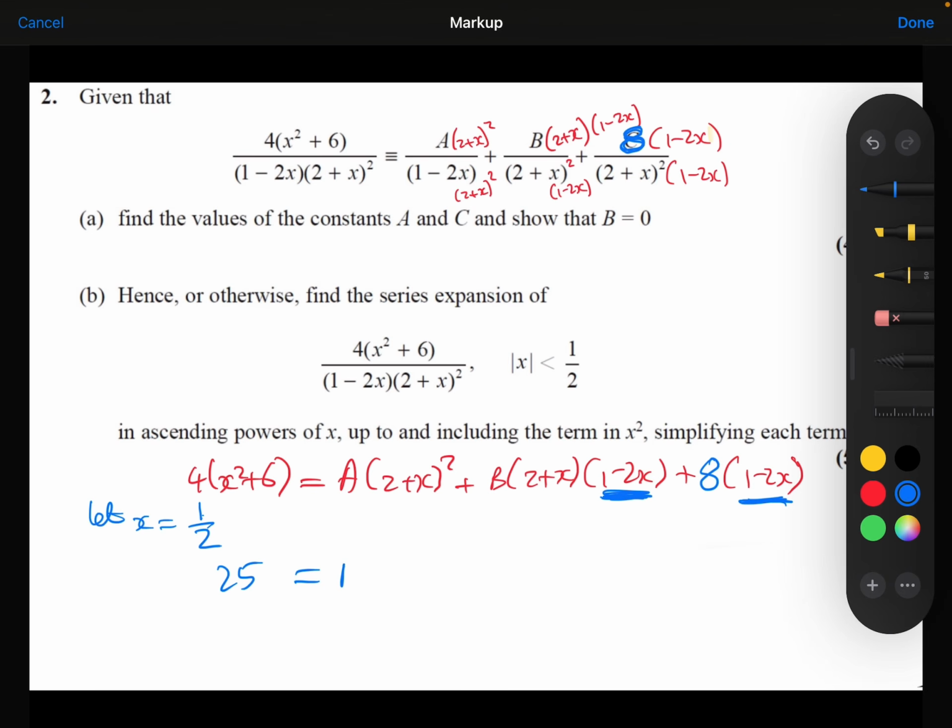On the right-hand side, I get a times (2 + 1/2)². 2 + 1/2 is 5 over 2. Squaring that, (5/2)², I get 25 over 4. We can see there that a has to be 4.